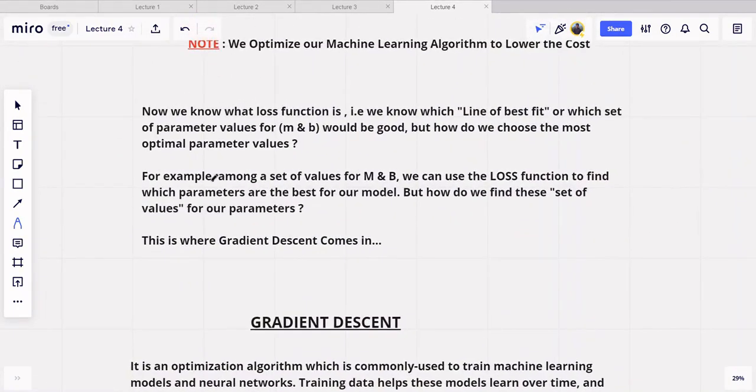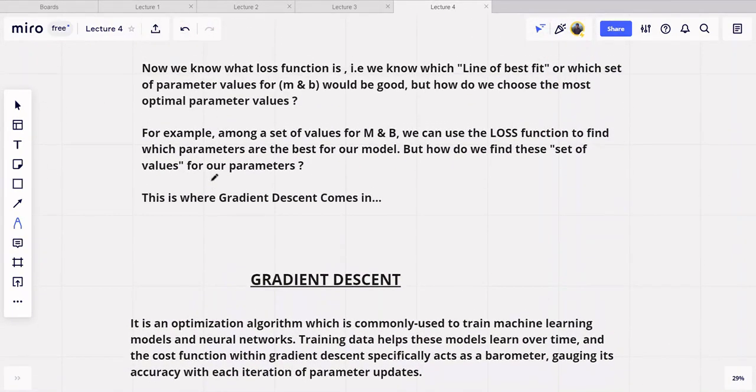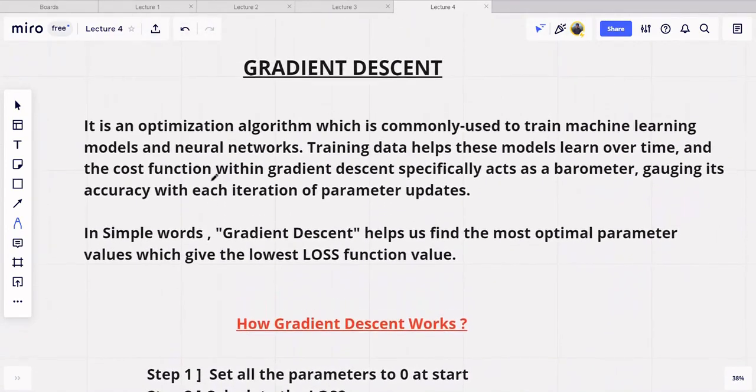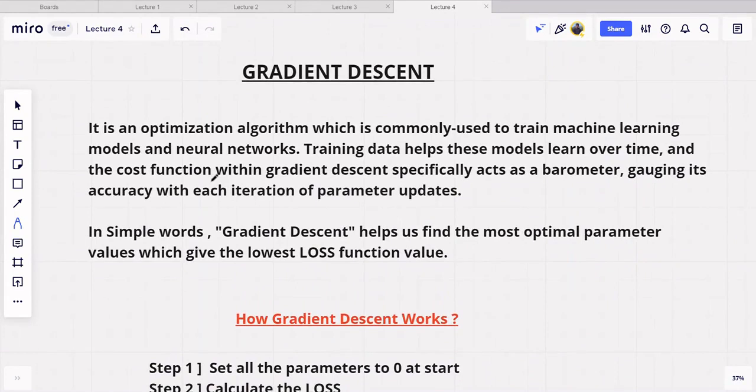Gradient descent is the most common algorithm; you will find it used in almost all machine learning problems, so it's very important that you understand it.